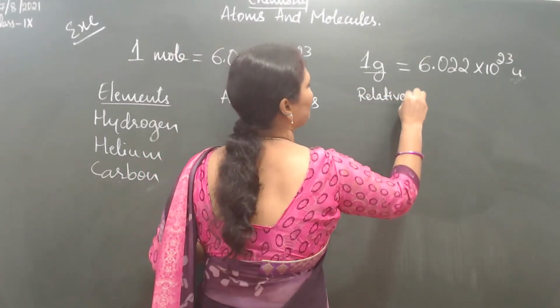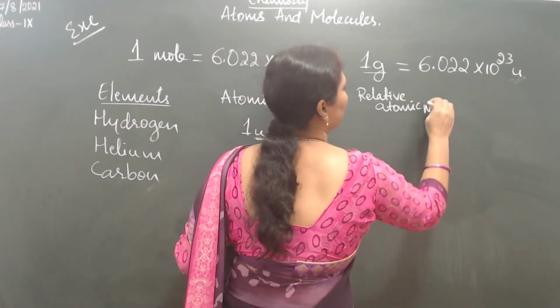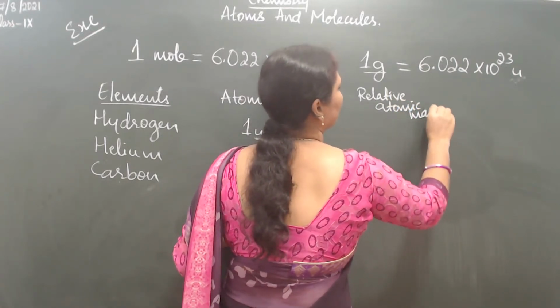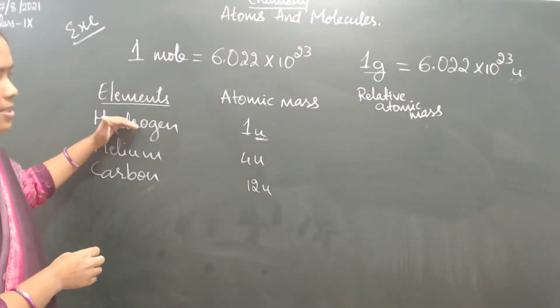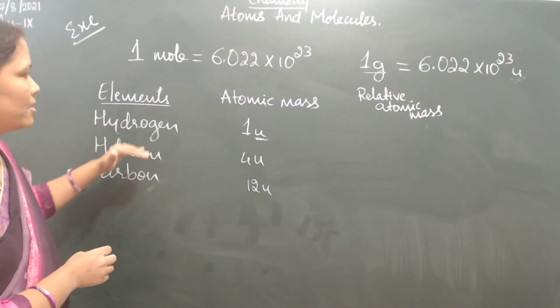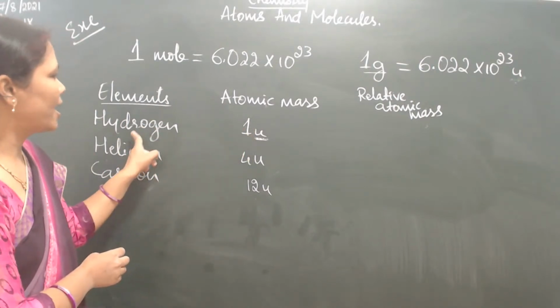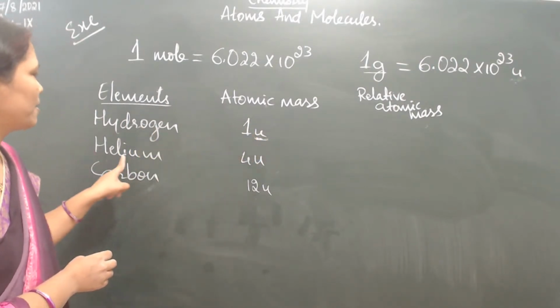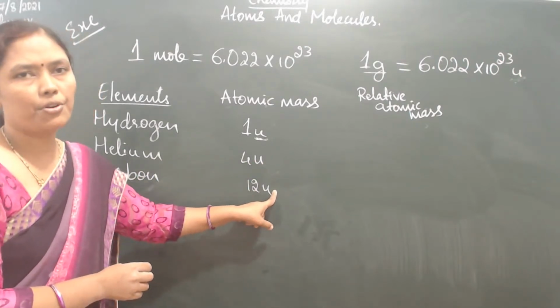Now the relative atomic mass. The elements hydrogen, helium, carbon have atomic masses of 1 unified mass, 4 unified mass, and 12 unified mass.